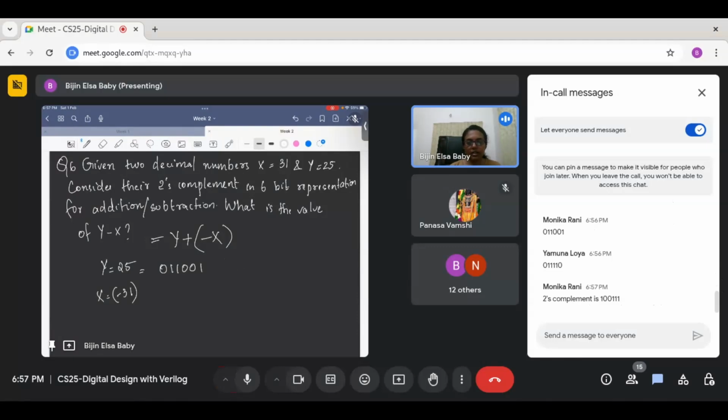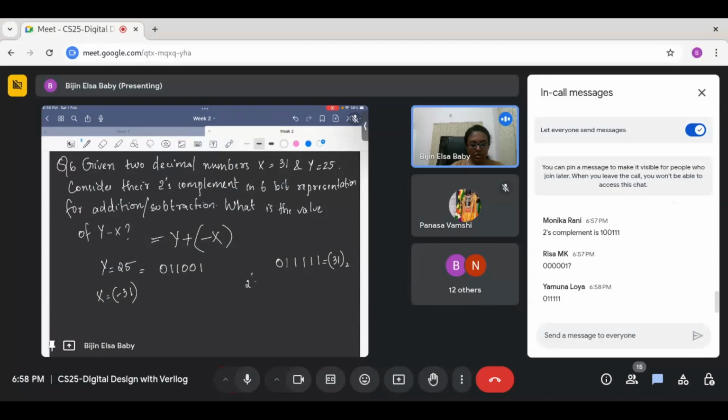So first write the binary representation of 31. 0001, that is the binary representation of 1, right? This is the binary representation of 30.